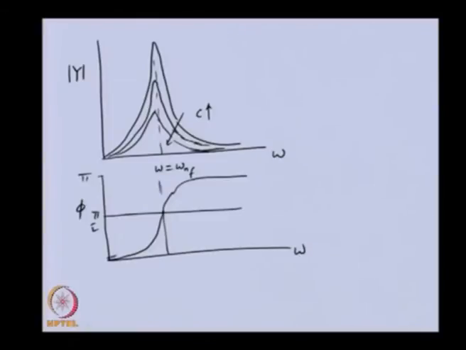Even for high damping, it will cross at the same point, that is corresponding to the 90-degree phase. Always this will cross the 90-degree phase. This is the increasing order of damping.